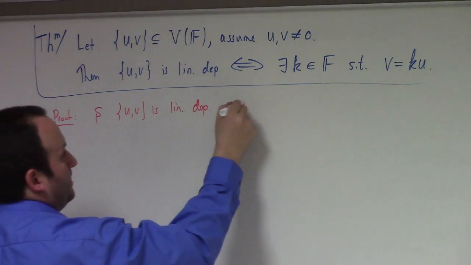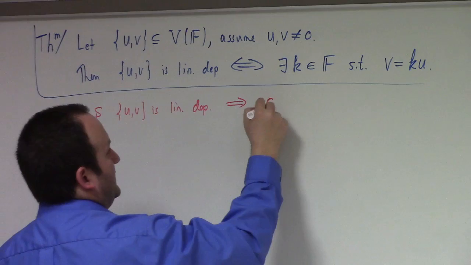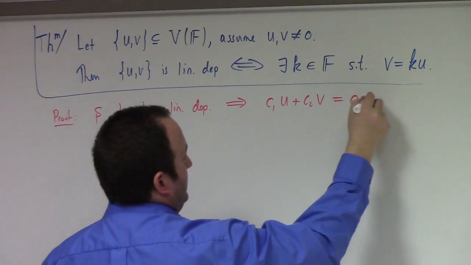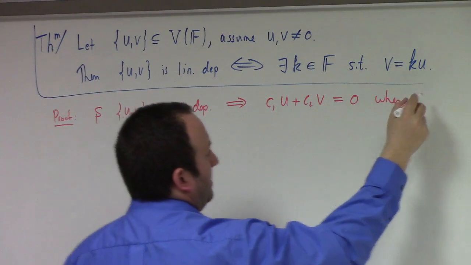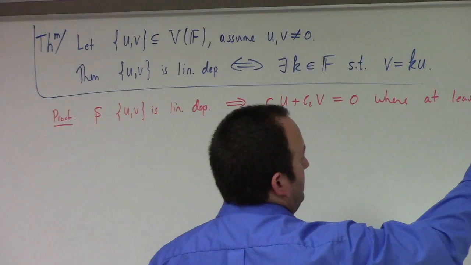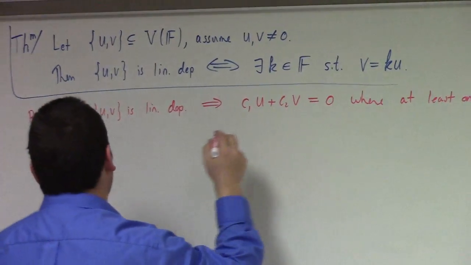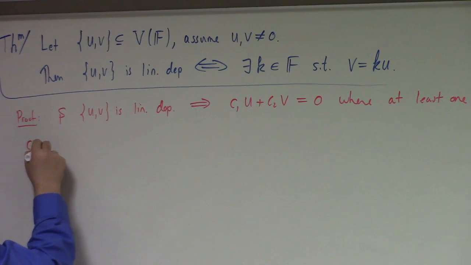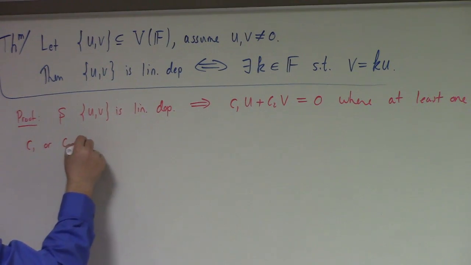What's that mean? You can write C1 U plus C2 V is equal to 0, where at least one of C1 and C2 is not equal to 0, right? At least C1 or C2 is non-zero.